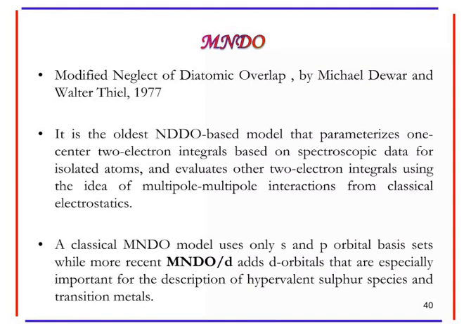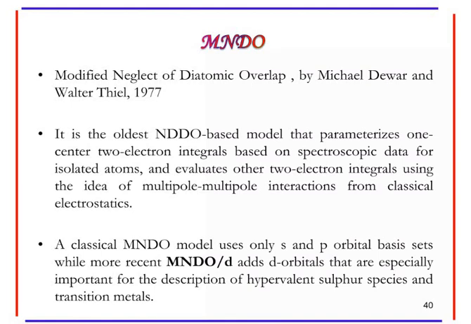MNDO means modified neglect of diatomic overlap, by Michael Dewar and Walter Thiel, 1977. It is the oldest NDDO-based model. It parameterizes one-center two-electron integrals based on specific data for isolated atoms and evaluates other two-electron integrals using the idea of multipole interactions from classical electrostatics.